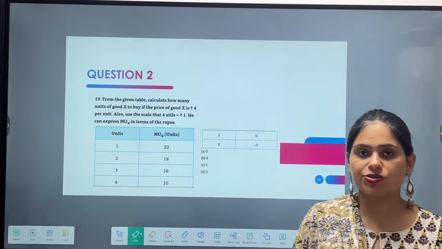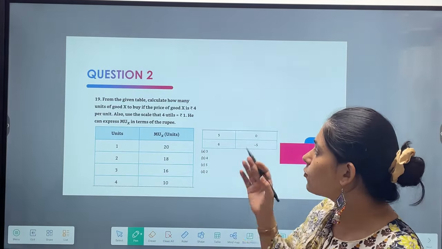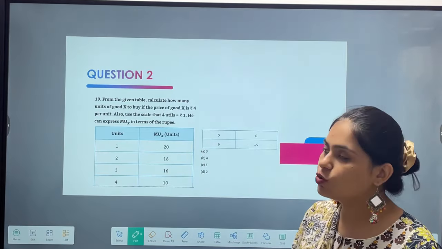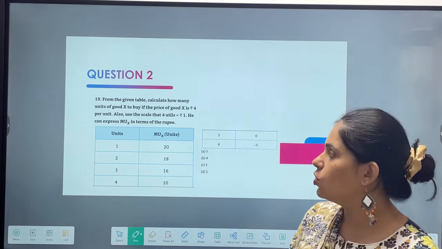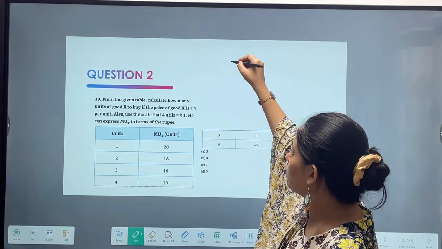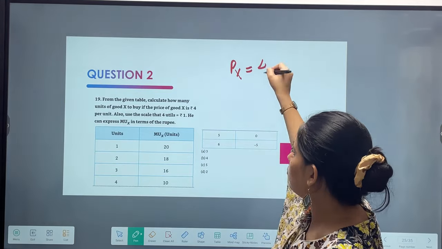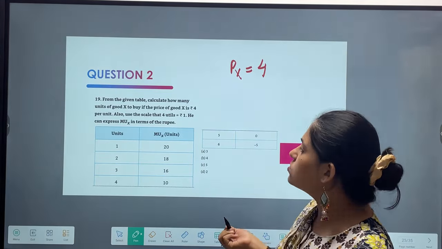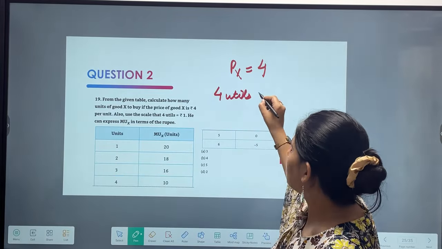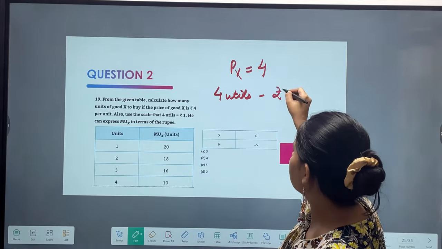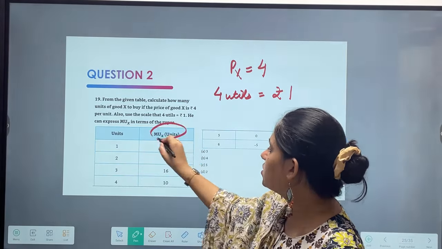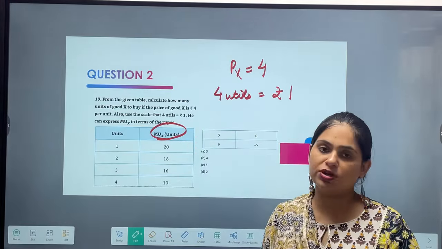From the given table, calculate how many units of good X to buy if price of good X is given to you as 4. Also use the scale that 4 utils is given to you as 1 rupee, and this is represented in terms of marginal utility. Try to do this, just post your answers here.